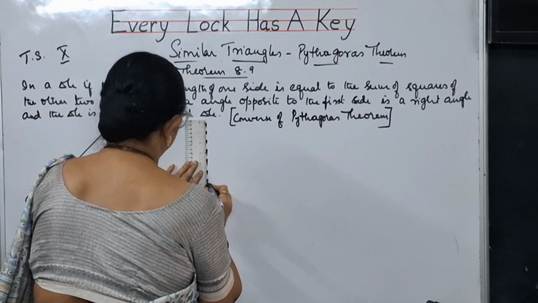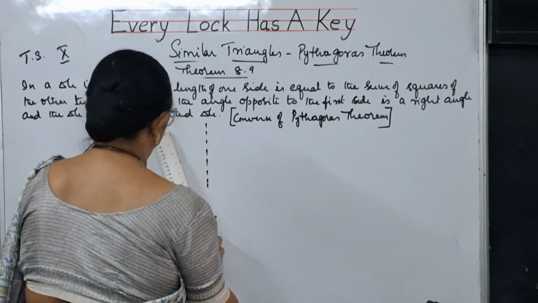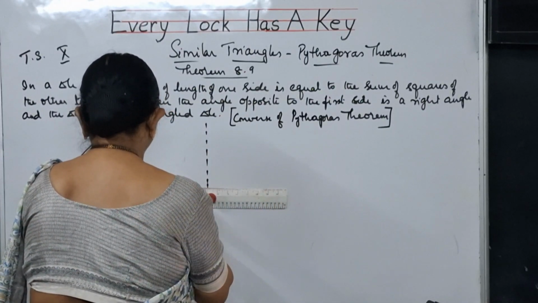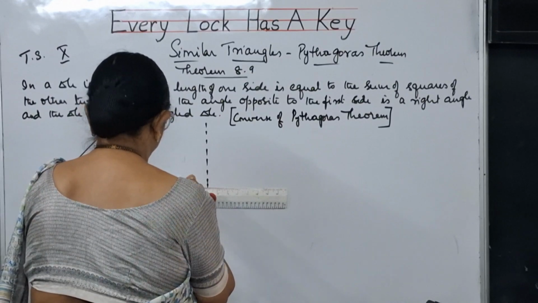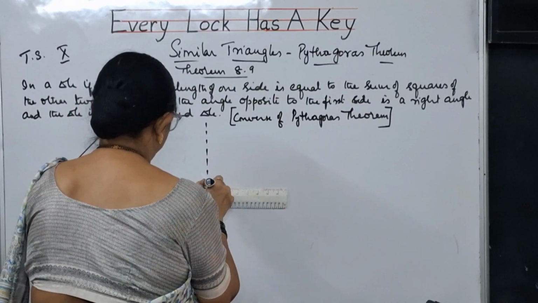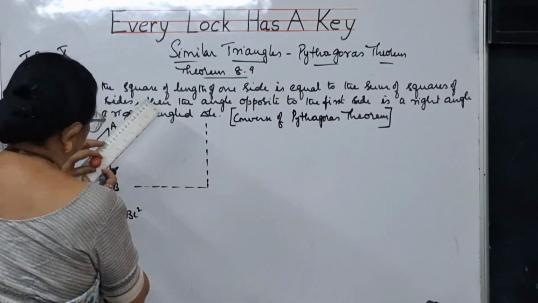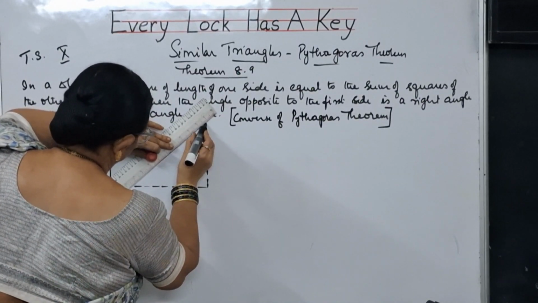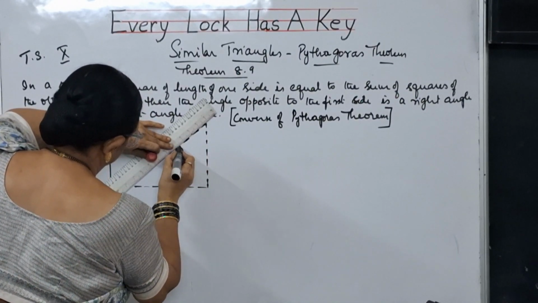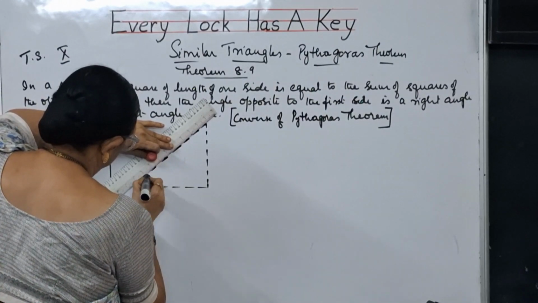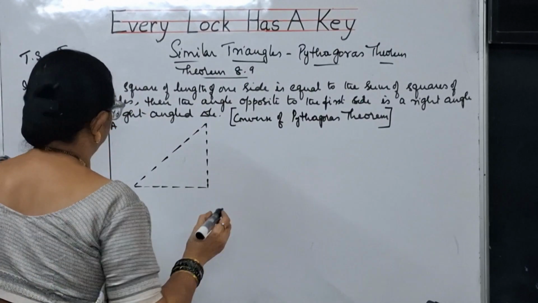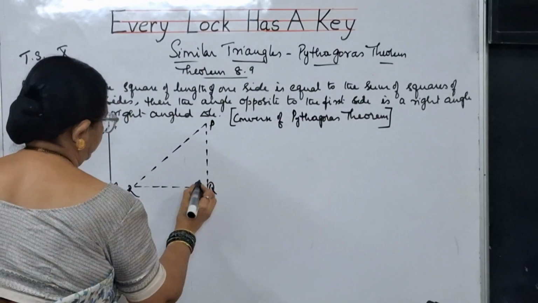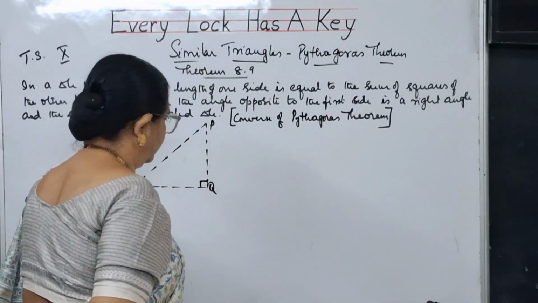Because it is a construction, I am drawing totally in broken lines. You have to construct another triangle. Let me call it PQR, in such a way that angle Q is 90 degrees.